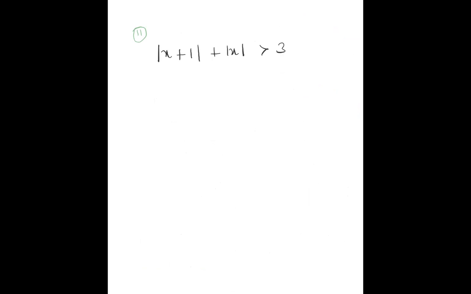Now, here there are two modulus, so we are not able to bifurcate. Okay. So what we have to do is observe where these values are becoming 0. That means if you equate x plus 1 to 0, x will become x equal to minus 1.